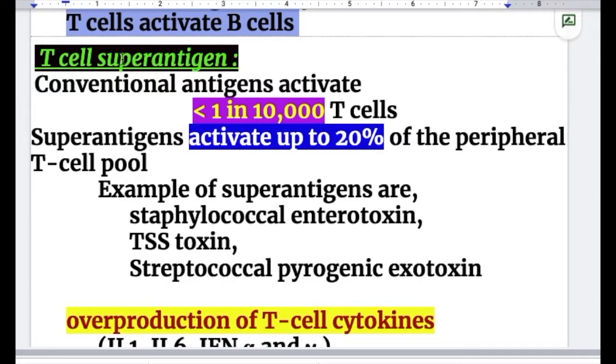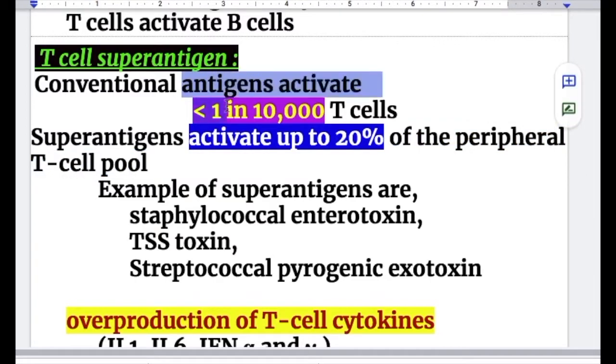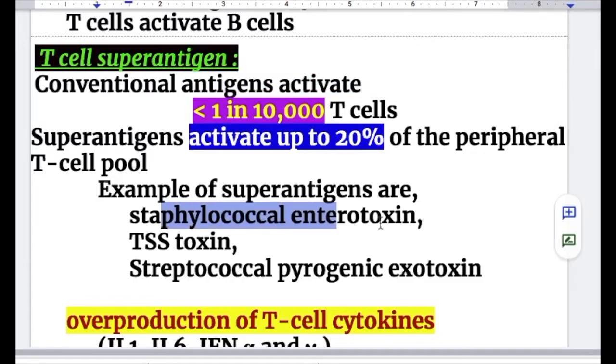Now T cell superantigen. Conventional antigen activates less than 1 in 10,000 T cells, and superantigen activates up to 20% of the peripheral T cell pool. Examples of the superantigens are staphylococcal enterotoxin, toxic shock syndrome toxin, and streptococcal pyrogenic toxin.